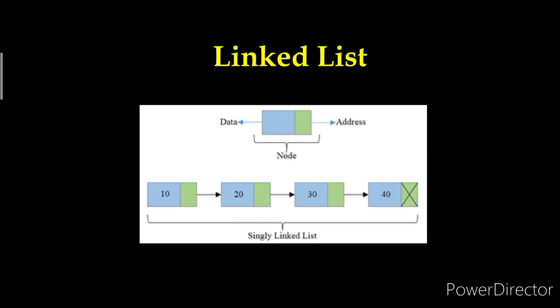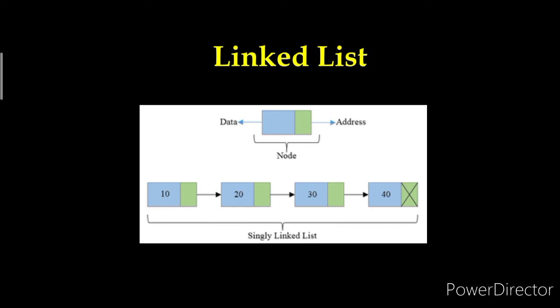So, if you observe this singly linked list, the element 10 has the green color part. This green color part consists of the address of the next node which has the data 20, and the address part of the node which contains 20 will have the address of 30, and the 30 node will have the address of 40.